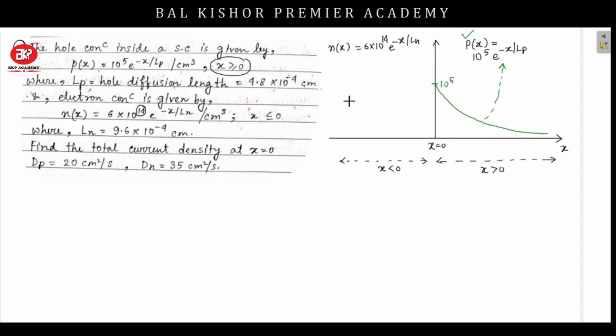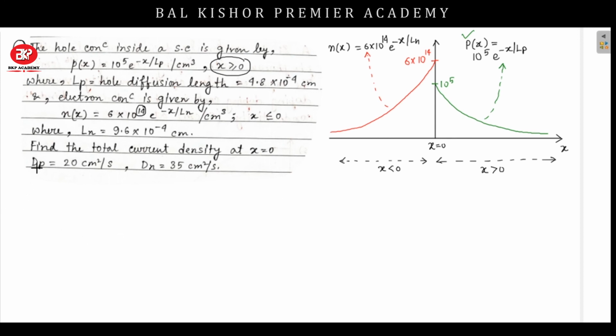Similarly, if we want to plot the equation n of x, which is valid for x less than or equal to 0, it will be like this. At this point, the value will be 6 into 10 to the power 14. So this is the graph of this equation. You can see we have plotted the carrier concentration, that is, the electron concentration and hole concentration.